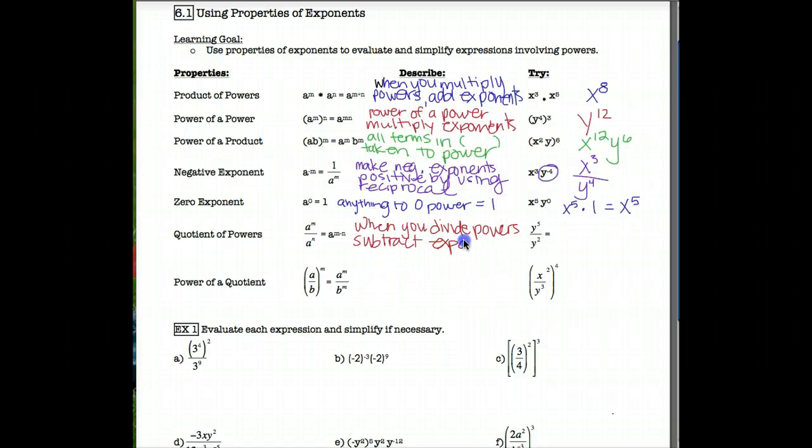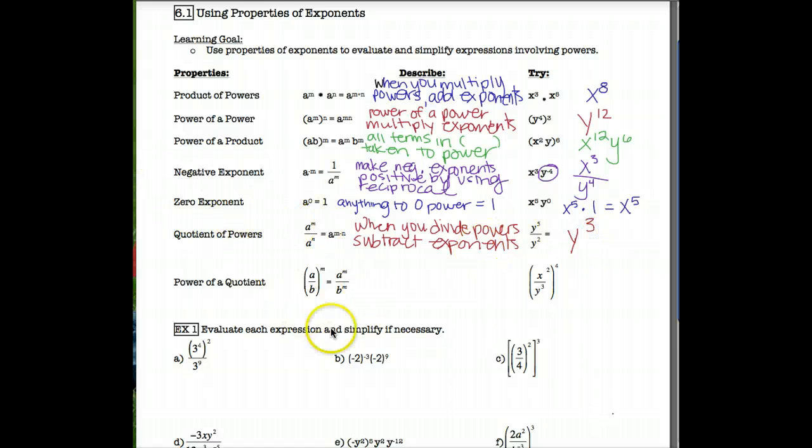And so then our little example over to the right side, these have the same base, both base y. Since it's division, we're going to subtract the exponents, so 5 minus 2 is 3. So that's y to the third power.